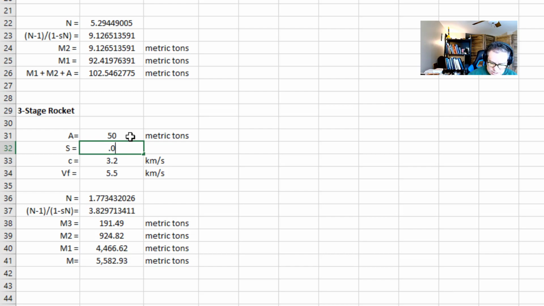Let's go with 0.05 for the structural factor and put this up to 3.8 for the exhaust velocity on all 3 stages. That's not the case, but if you could sort of average and include the higher exhaust velocity in space, that gets us pretty close to the actual values.